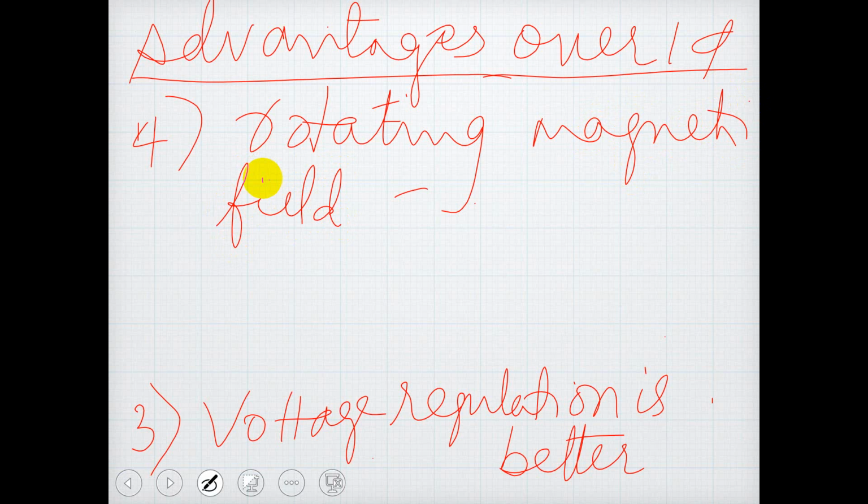Without moving the coils or rotating the conductors, we can have a rotating magnetic field using the three-phase system.